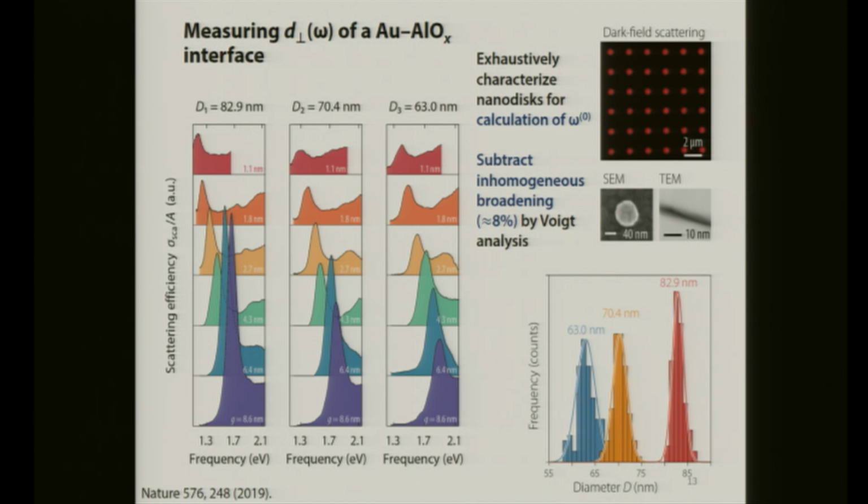And we record the scattering cross-section for each of the 2D data points, and you find that there's a constant redshift of the resonant frequencies as the gap size gets smaller. And we also do exhaustive characterization of the geometry of the structure.